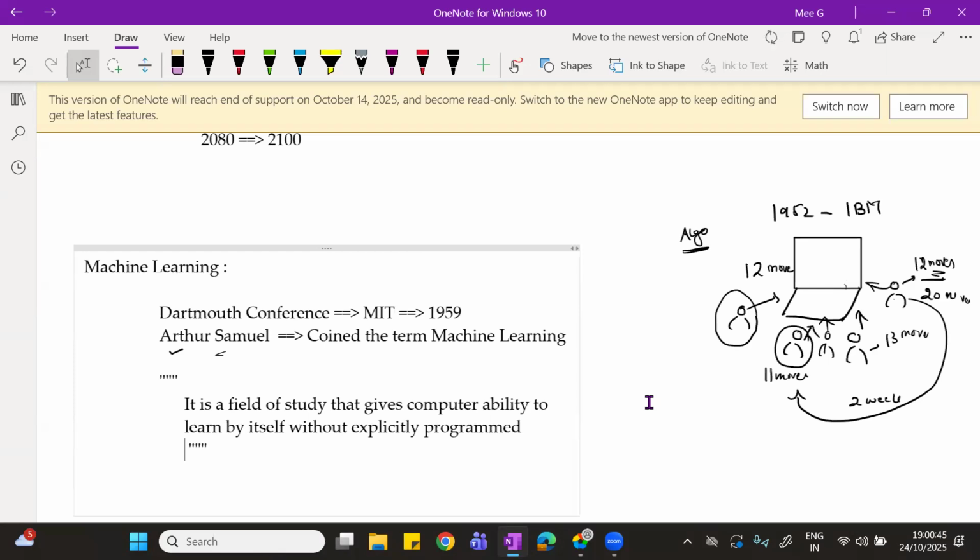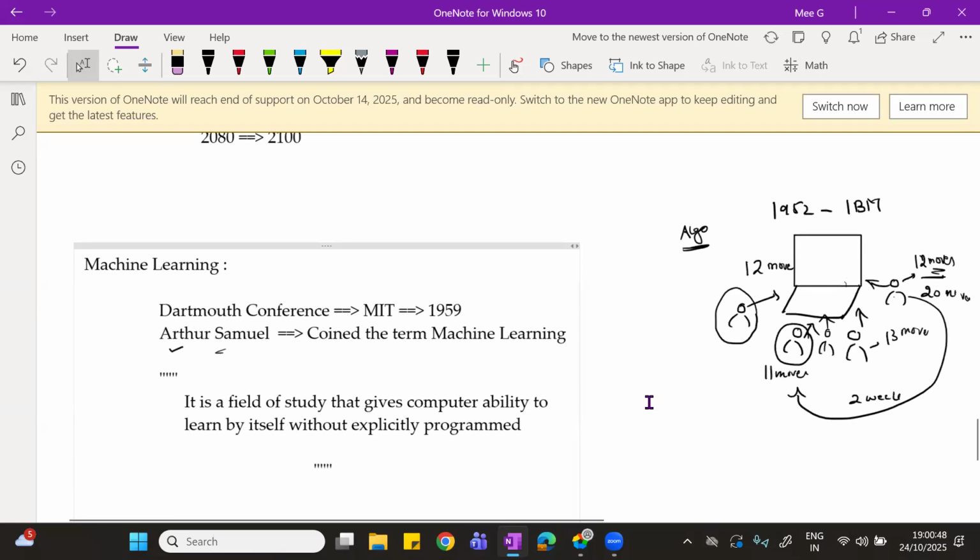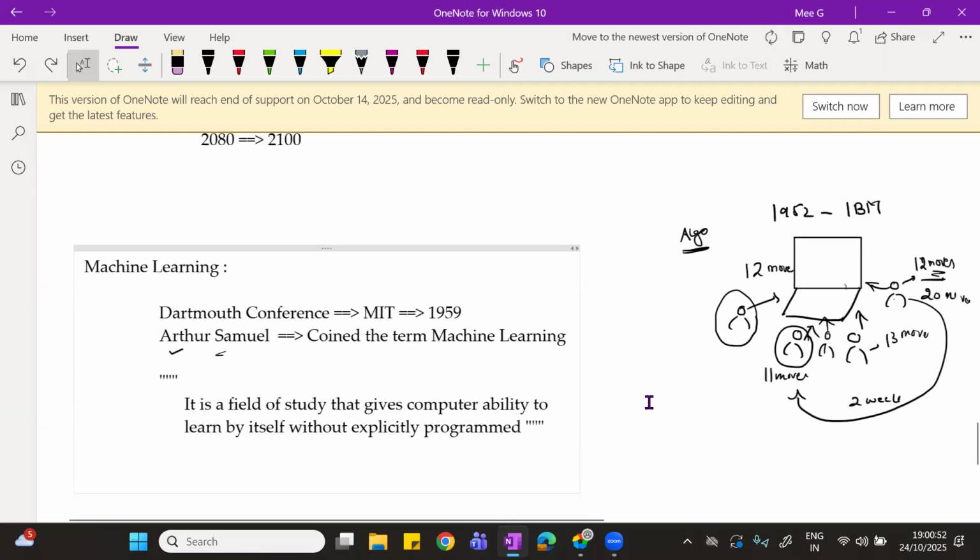We are not programming it. I'm saying the first time we do the program, and we are not changing the program for it to learn. It is learning on its own. That is what it is called.